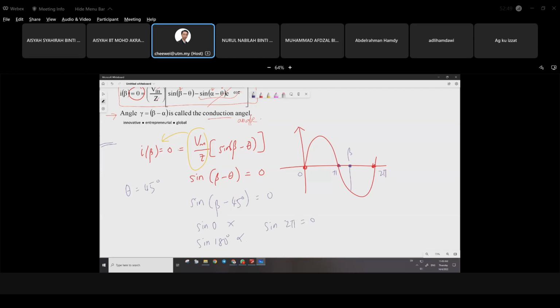So what is 2 pi? 360, right? So I have to equate the whole thing to 360, so that I get sine 360 equals 0. So 360 equals beta minus 45. What is beta now?